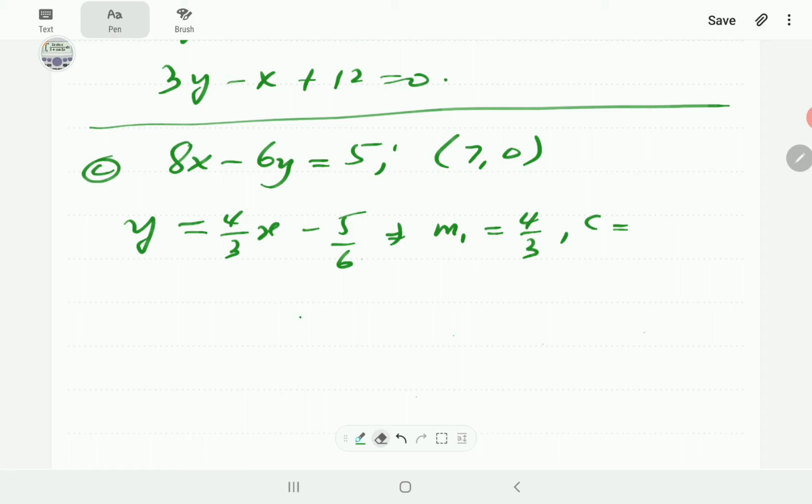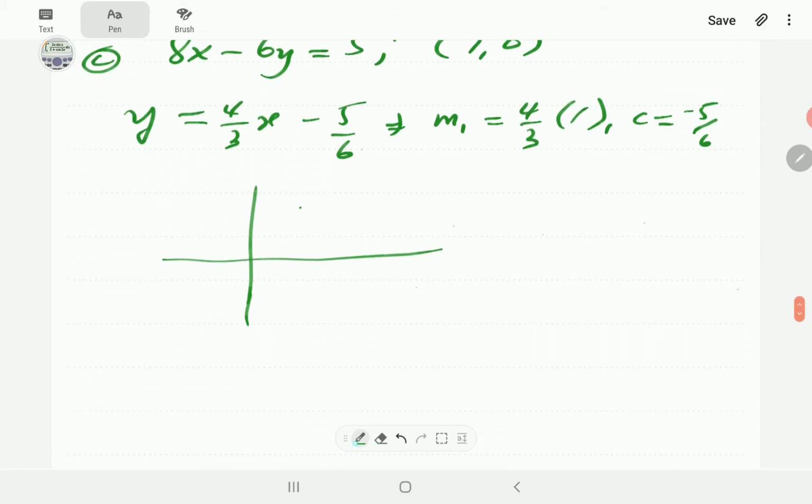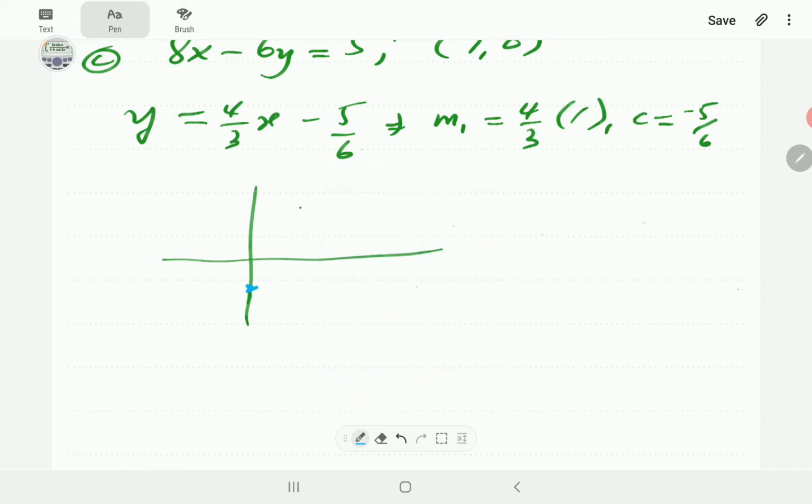If m1 is 4/3, which is positive, this line is like a forward slash. C is negative 5/6. So this line is going to be crossing the y-axis below the origin, and then it's going to be going up like that.